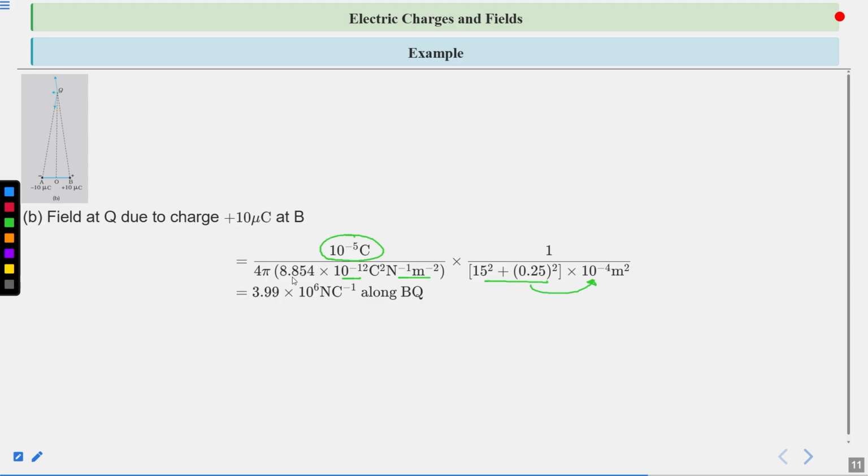So when solving this, you will get 3.99 into 10 raised to the power 6 Newton per coulomb along B to Q. Just substitute all the given terms in the formula which we already solved in the previous slide.